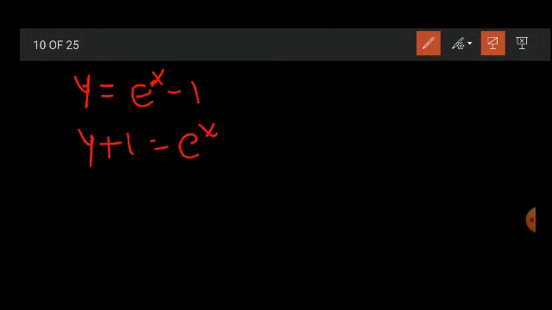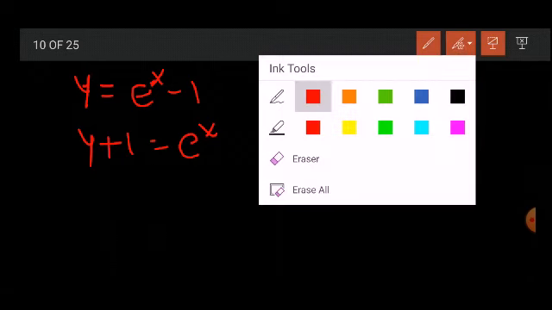So we have to shift downwards if we are not shifting the axis. e power x minus 1 means we have to shift the curve downwards. Or while shifting the curve downward, if you make the curve static, the x-axis can shift above like this.